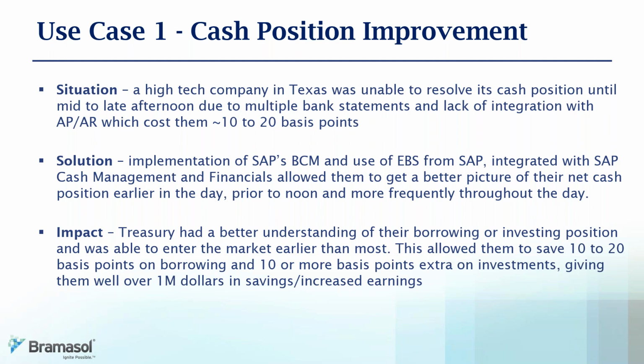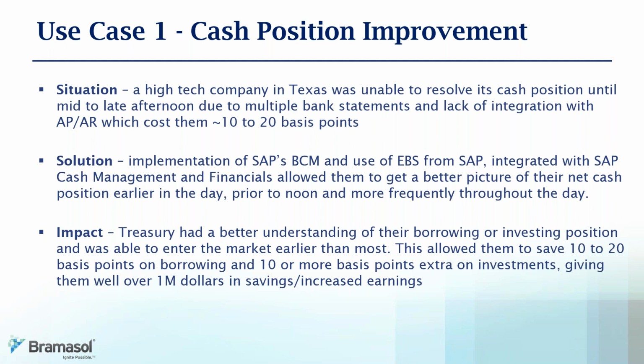We have a customer in Texas where, because of their processes, they were unable to resolve their cash position until mid to late afternoon. From their estimation, not ours, this was costing them between 10 and 20 basis points. So what was the solution we implemented?